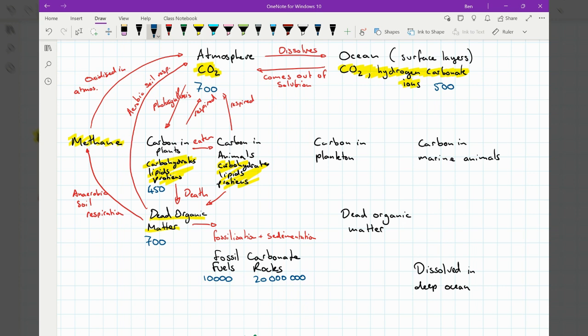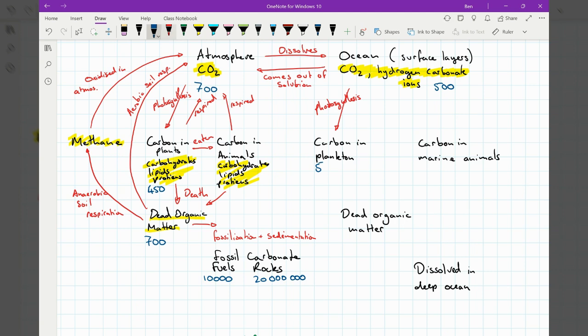In the oceans, we have photosynthesis still. And that carbon is taken into plankton, which makes up 5 billion tons.